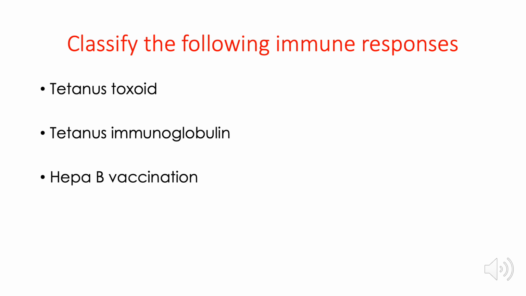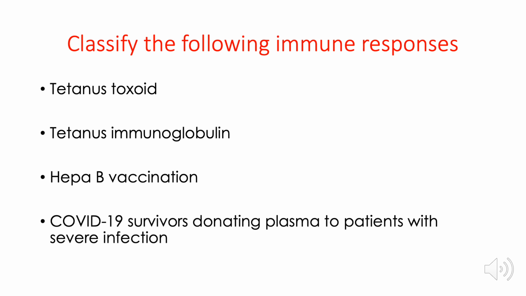Hep B vaccination is an example of artificial active immunity. Very good. And then COVID-19 survivors donating plasma to patients with severe COVID-19 infection. This is an example of still artificial passive immunity.